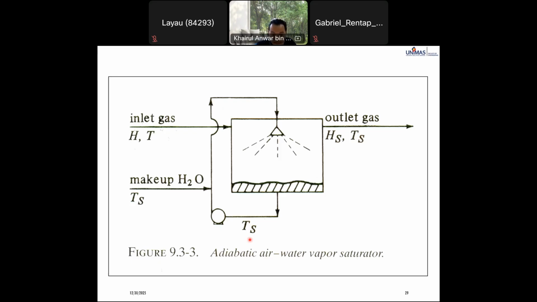This one, Ts. So Ts here causing outlet gas to be Ts as well, or saturation temperature. If the entering gas at temperature T having humidity H is not saturated, Ts will be lower than T. If the contact between the entering gas and the spray of the droplet is enough to bring the gas and liquid to equilibrium, the air leaving is at Ts and has the humidity of HS.